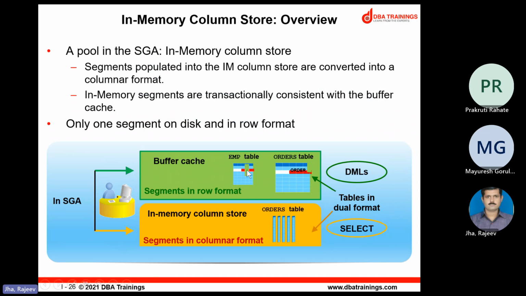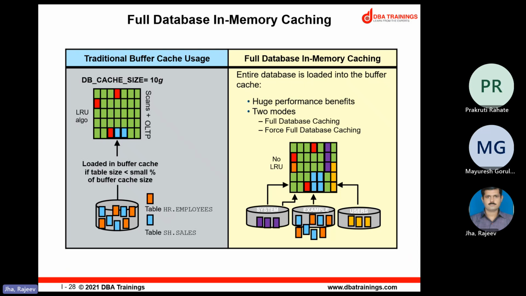Now this is the example we are showing. In a table like orders, we store it this way. Retrieval will be very fast because no disk IO operation will happen, no background process will be used, and you can get the data. Even the entire database you can capture within in-memory. Suppose, just as an example, I have 512 GB of RAM in my server and my database size is 300 GB.